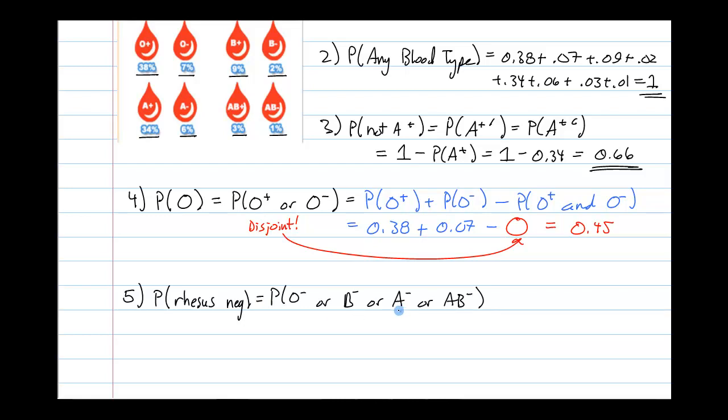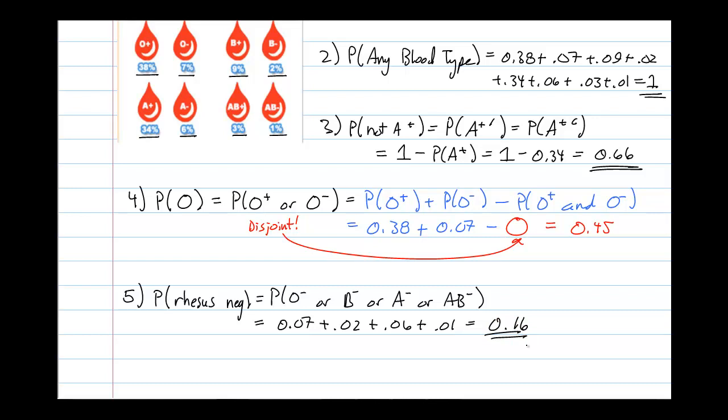Now remember, they can't intersect. These are disjoint events. So to find the probability of this event, I could just add up all the individual probabilities. 7% are O negative, 2% are B negative, etc. Now when I add these up, 7, 9, 15, 16, it looks like I get about a 16% chance that a randomly selected person is rhesus negative.